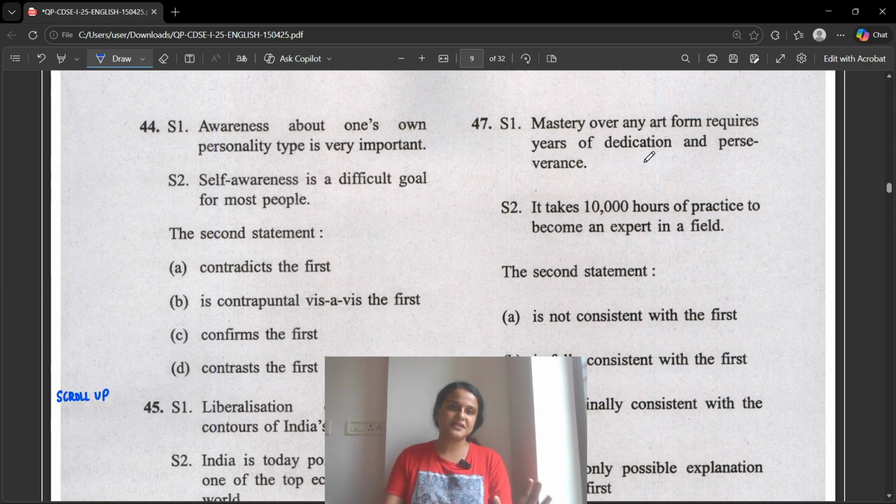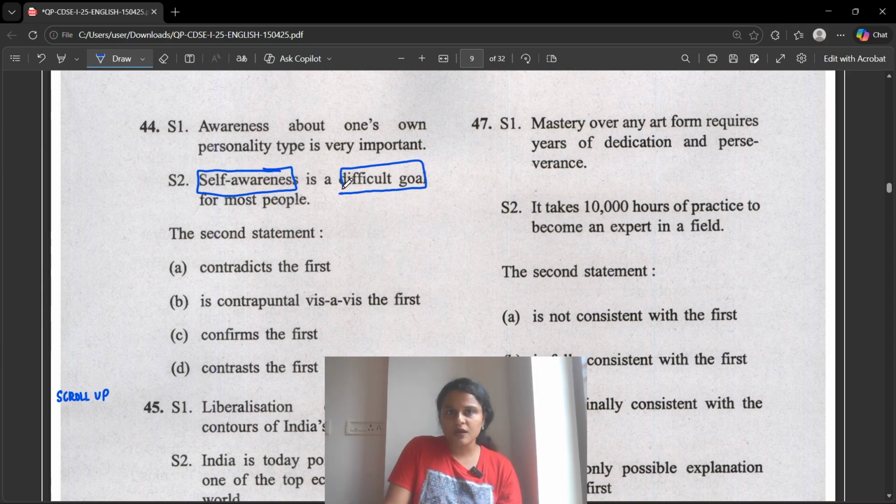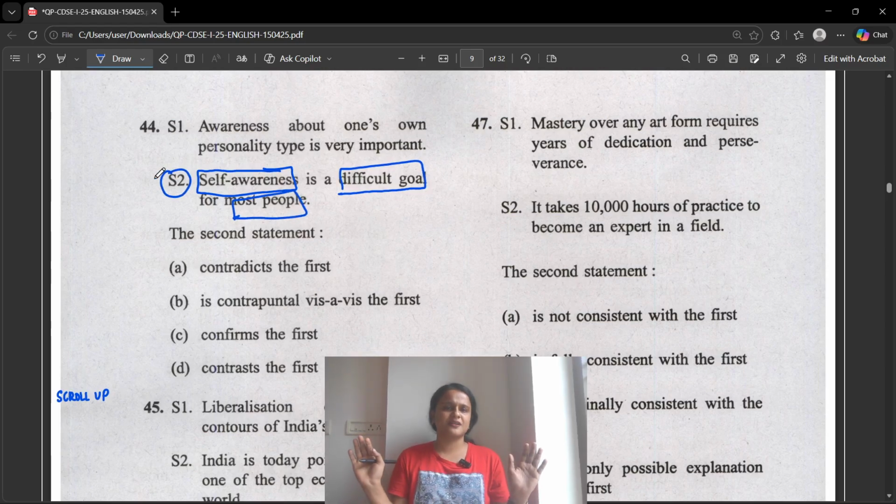Okay, cool. Let me read statement 2 again. Self-awareness is a difficult goal for most people. Self-awareness, so being aware of yourself, is a difficult goal for most people. So statement 2 talks about self-awareness. Statement number 1: awareness about one's own personality type.